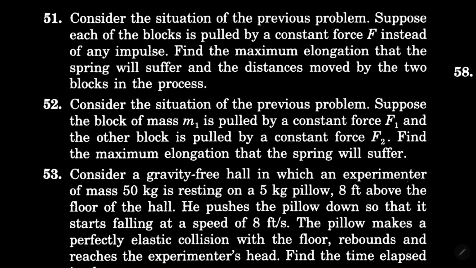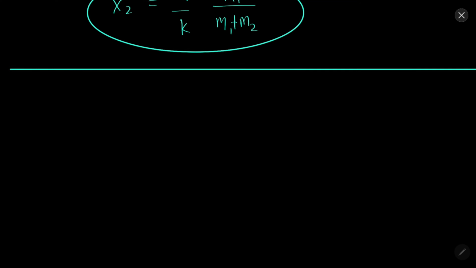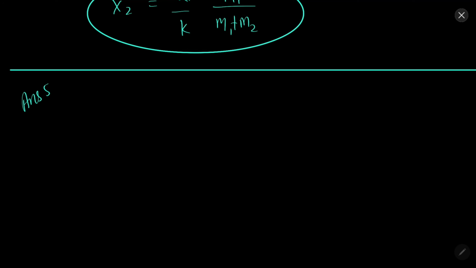Now in question 52 we need to consider the situation of the previous problem again. We need to find the maximum elongation that the spring will suffer. So this will be solution 52. So acceleration of mass m1 can be obtained by this.